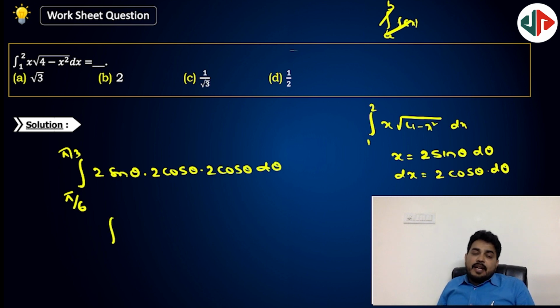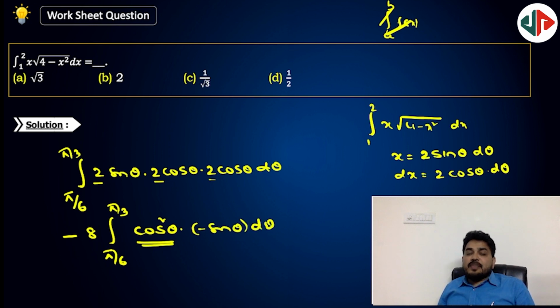So it will be the integral pi by 6 to pi by 3, 8 cos square theta into, let me write minus here, minus sine theta d theta. If this is f of x power n, this is f dash of x. So minus 8 cos cube theta by 3 over the limit pi by 6 to pi by 2.